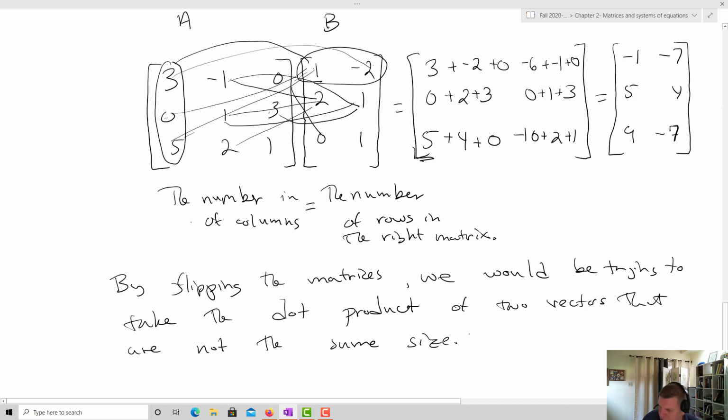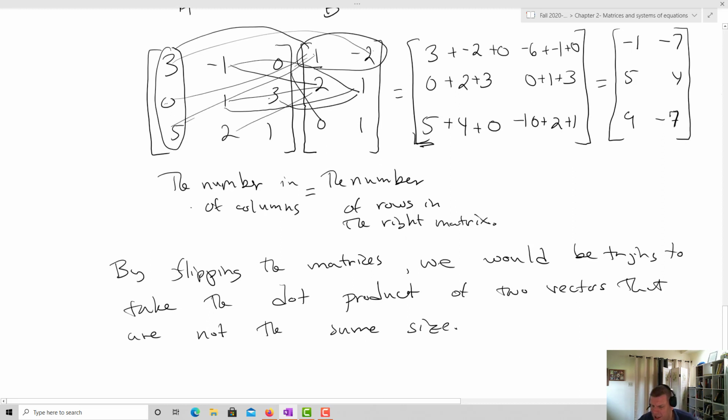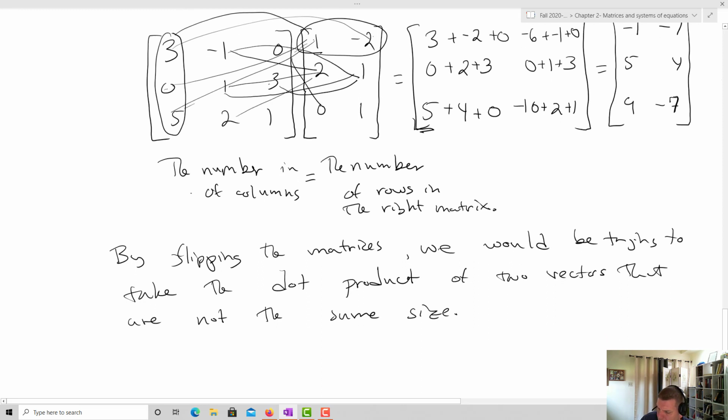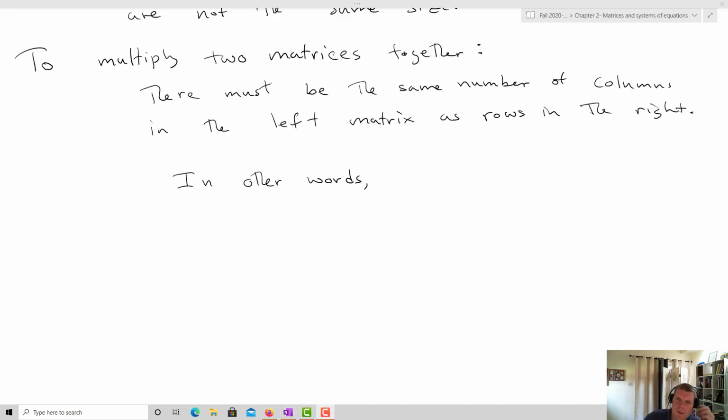So let's think about what the dimensions would have to be for us to be able to do any kind of multiplication. To multiply matrices together, there must be the same number of columns in the left matrix as rows in the right.